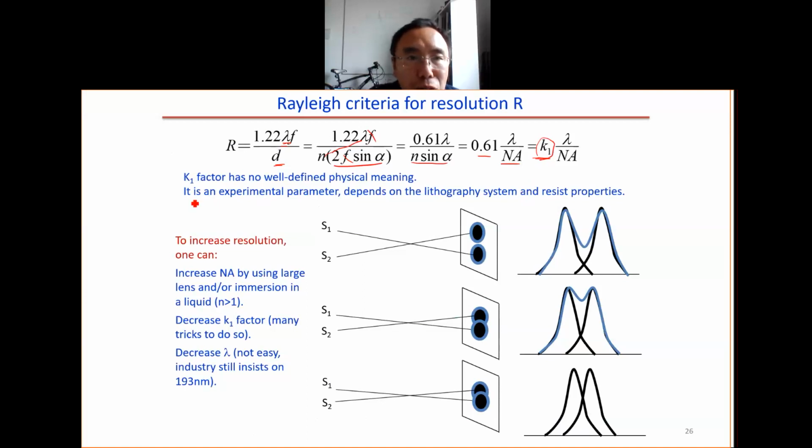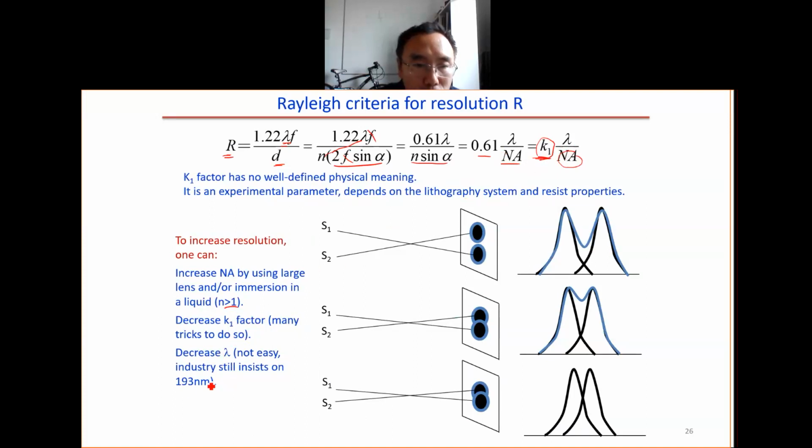So to have higher resolution, that means smaller r, we can use shorter wavelengths. We can increase the numerical aperture to be higher than 1. We can decrease the K1 factor. So we have many ways to decrease the K1 factor, and also we can reduce the wavelength.